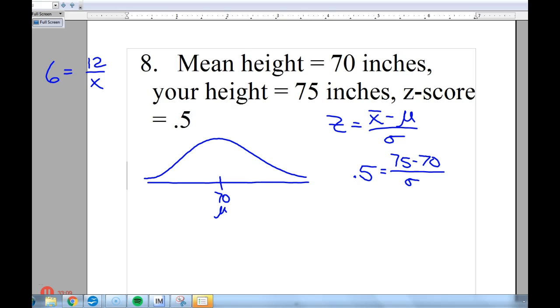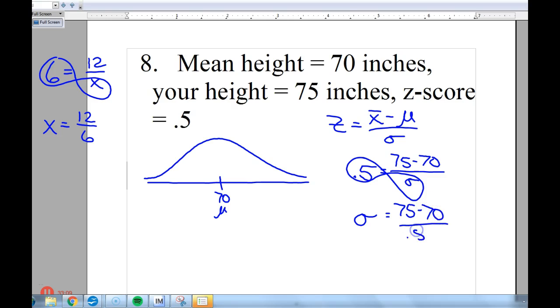It's 2, right? So you can flip-flop those, because that still gives x equals 2. You can apply that trick here. You don't have to. If you want to multiply both sides by sigma and then do algebra, that's fine. But you can switch these and say sigma equals 75 minus 70 over 0.5, and that comes out to 10. It's just a little shorter.